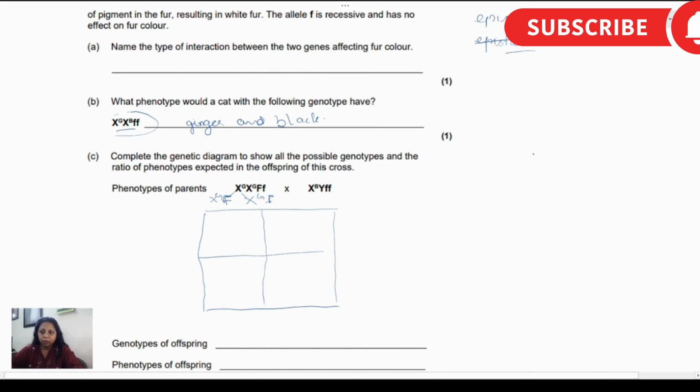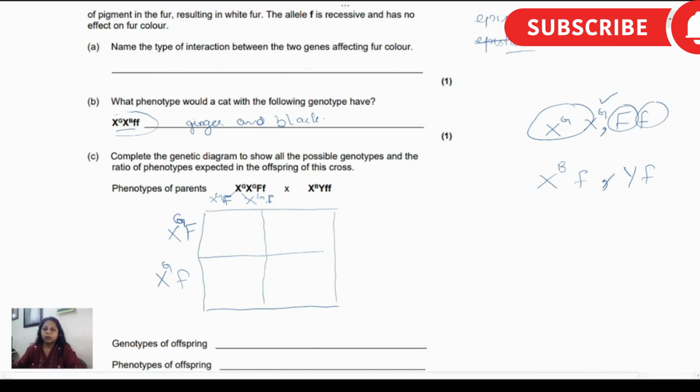Have you got it? So one would have this pair and the other would have this pair. So there are two pairs. X^G capital F and X^G small f. From the other parent we have X^B with small f and the other would be Y small f.